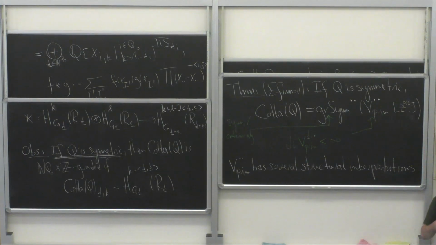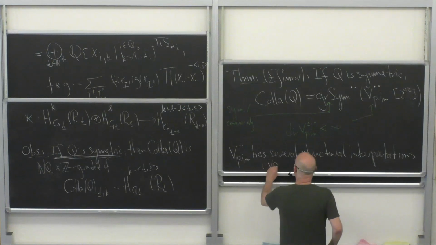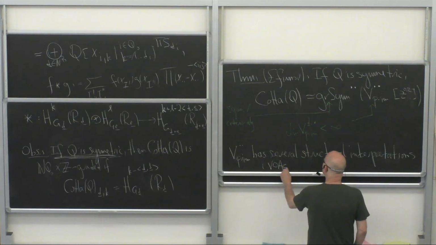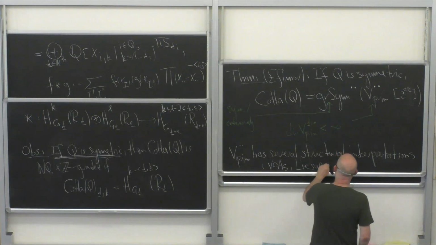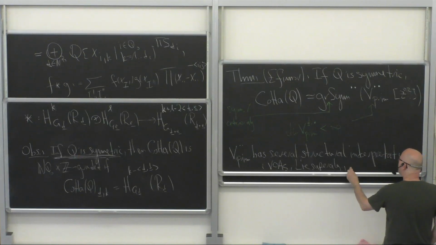Among them, there are combinatorial descriptions. There are algebraic descriptions, for example, in terms of vertex operator algebras and in terms of Lie superalgebras, and in terms of certain cohomology theories of moduli spaces.